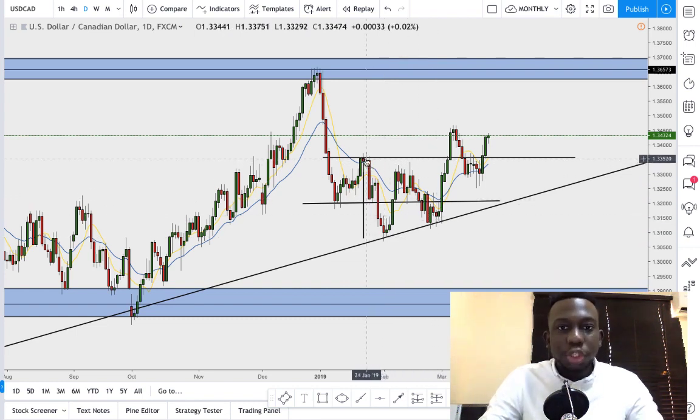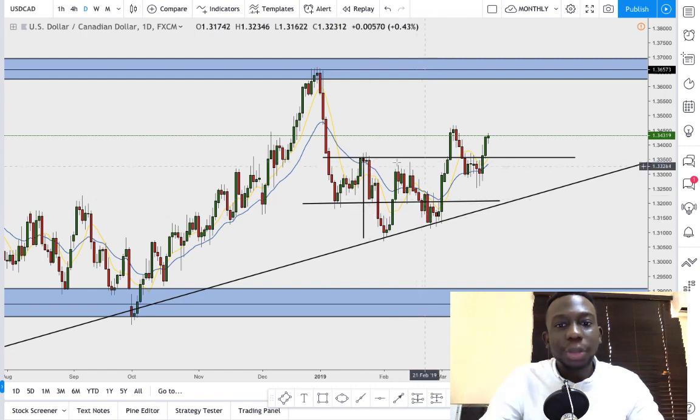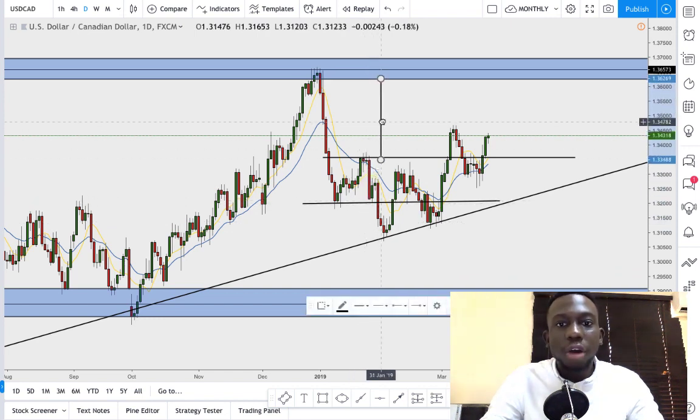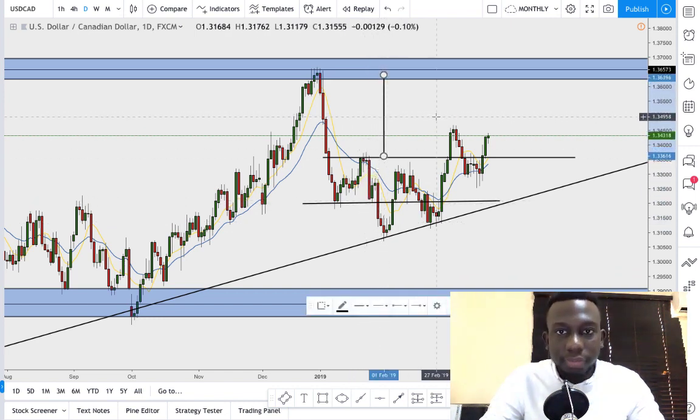Now the distance between the neckline and the head, when the market breaks that neckline to continue, because usually a head and shoulder pattern is a reversal for the market to start heading up. When we indeed start heading up, the distance between the neckline and the head is the same distance that the market is going to cover all the way to the upside.